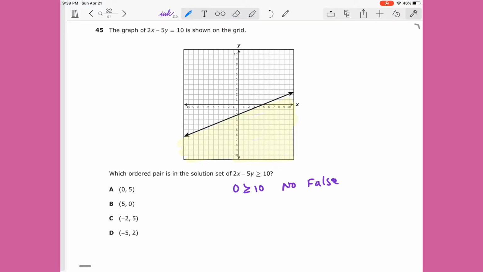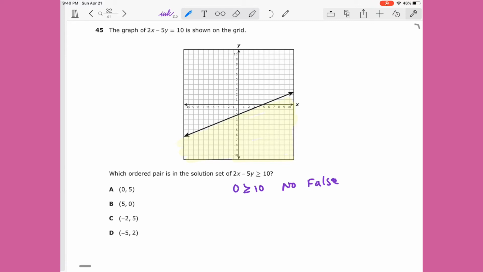So I've got 0, 5. So 0, 1, 2, 3, 4, 5. That falls on the line, so that could work. Actually, hold on, that's wrong.